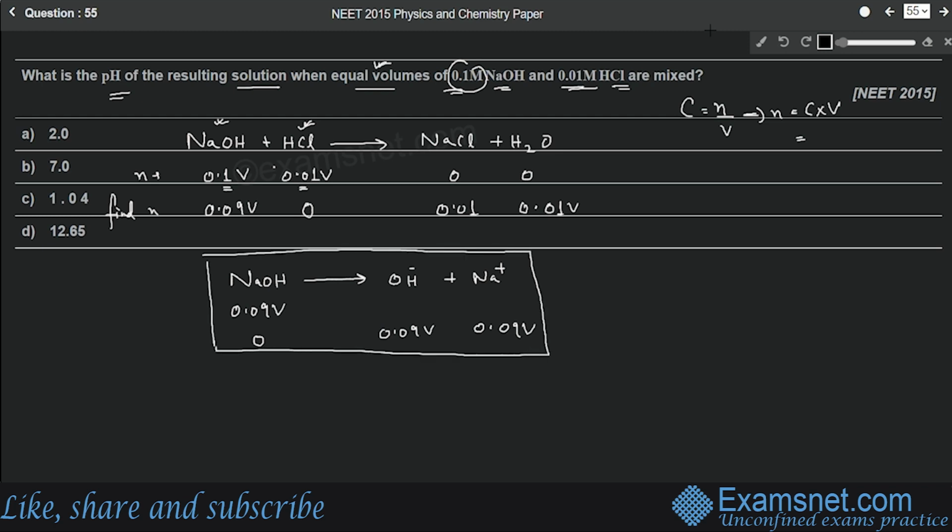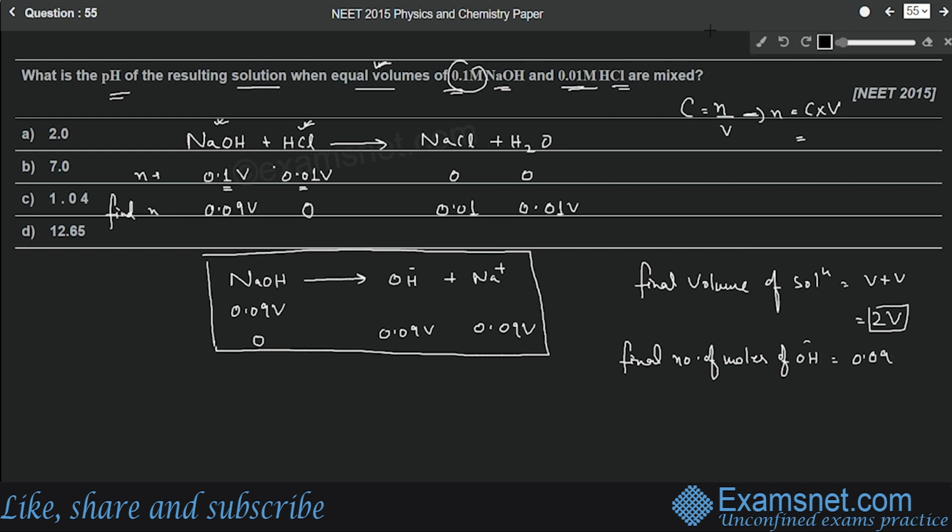Now, here it is given that equal volumes of these two had been mixed. So the final volume of the solution will be V plus V, that is 2V, right? And the final number of moles of OH minus ion is 0.09 V, right?